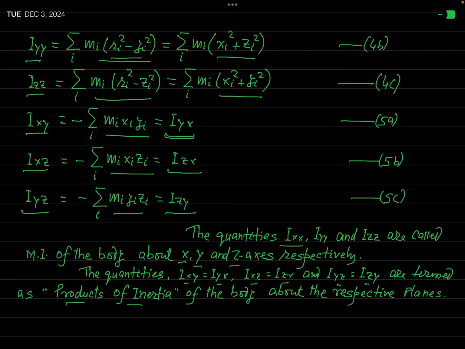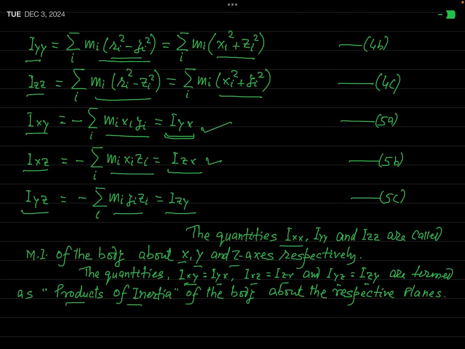It means when you write the symbol Ixy and define it in this manner as I have defined in equation 5a, then it is called the product of inertia of the body about the xy plane. And when you write Ixz defined in equation 5b, then it is the product of inertia of the body about the xz plane.